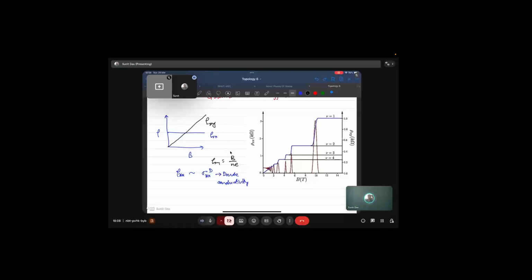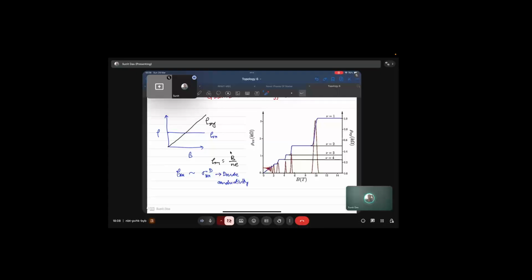So this is what we also see here. This plot is data of the quantum Hall effect for a two-dimensional electron gas. The left axis is rho xx and the right y axis is rho xy, right? The red curve is rho xx.